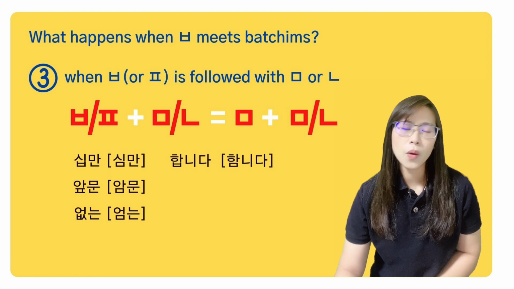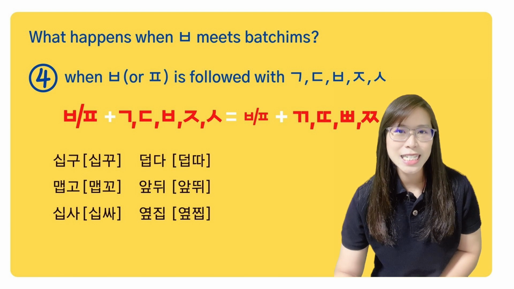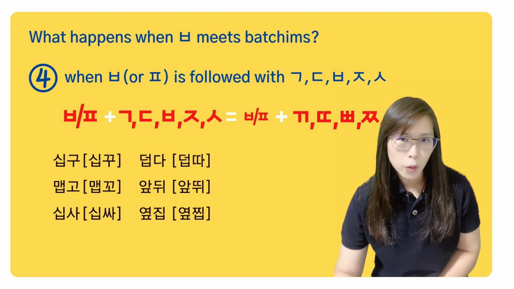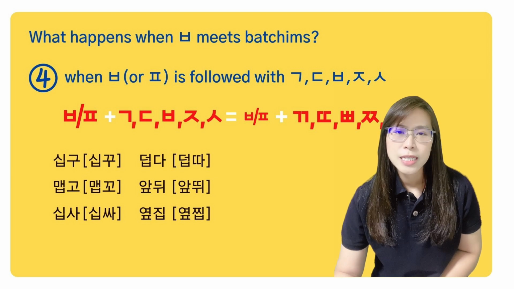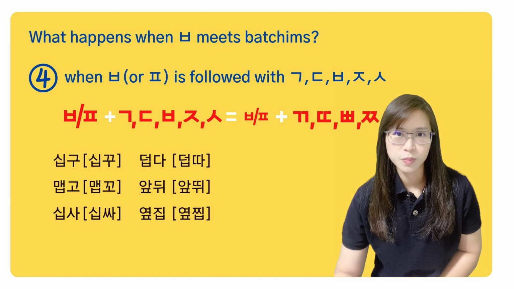Okay, now number 4, let's look at if the B or the P is followed by a G, D, B, J, or an S. So it becomes a double consonant. For example, 19 is pronounced as 19, rather than 19. 맵고 is pronounced as 맵고. 고추장은 맵고 맛있어요.